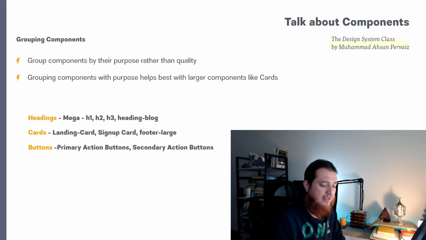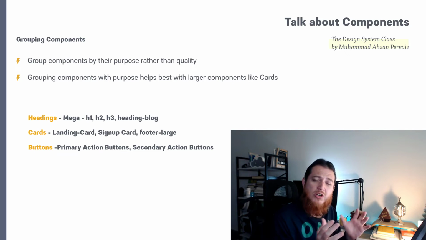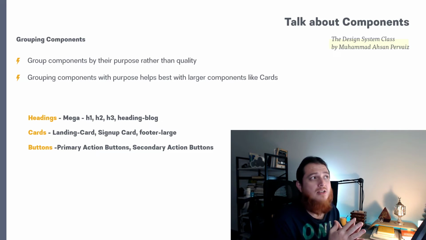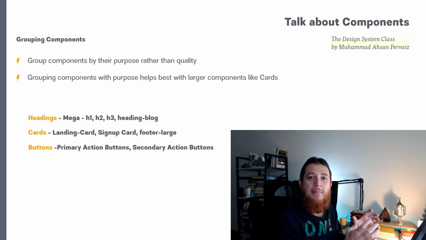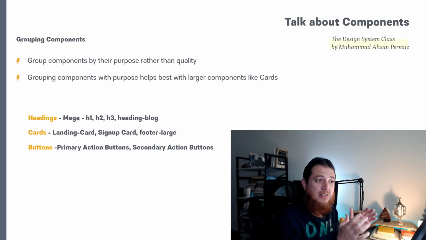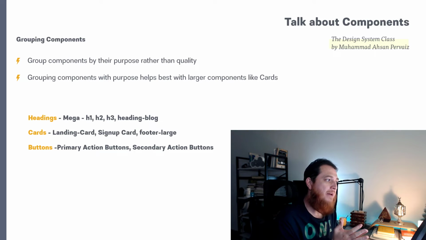Let's say we have a property page. So we are going to group all those cards or all those related components that are related to that specific page or that specific feature. Okay, so you are going to group them like that.